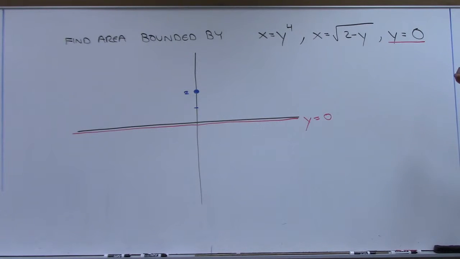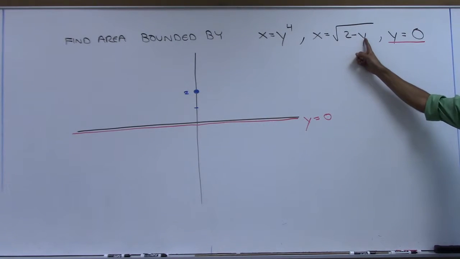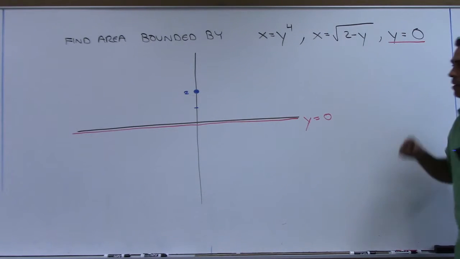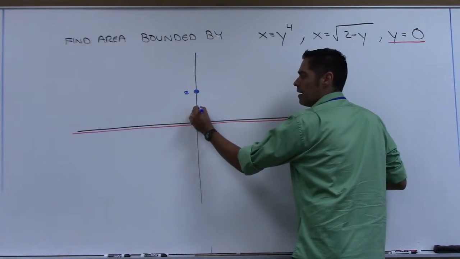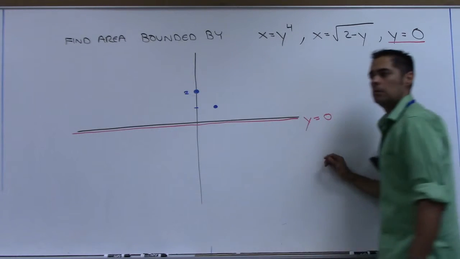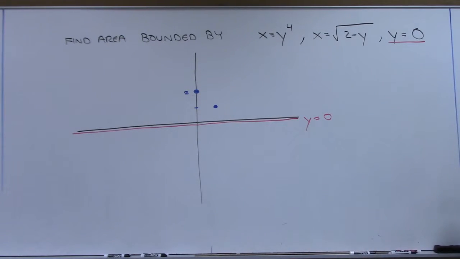Let's plug in 1 for y. What do we get? Square root of 1, which is 1. So if I plug in 1 for y, I get 1 for x. How about if I plug in 0 for y?